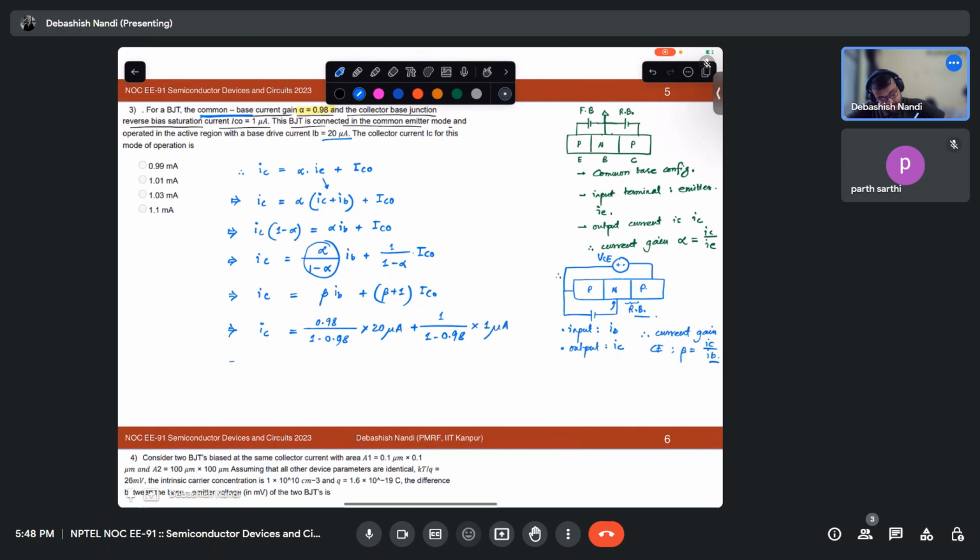So your IC will be 49 times 20 plus 50, which is 1030 microampere, or around 1.03 milliampere. So this will be your right option.